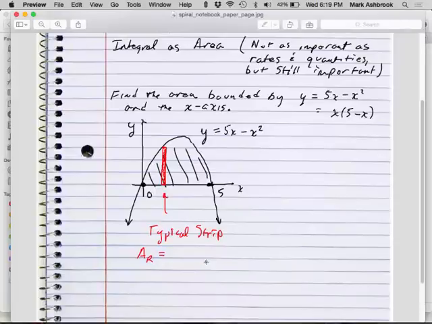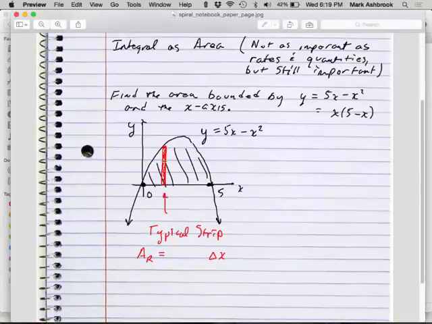Okay, so we just need to find what the base and the height is. So our base is a little width right there, delta x. So we'll go with delta x. When you do the typical strip, think about it as a finite actual rectangle instead of like a stick. So we'll do delta x, and then what's the height of a typical strip?